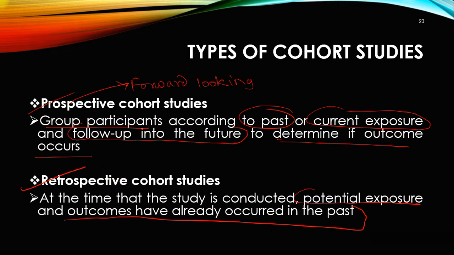In retrospective, everything has happened. We know for how long the population has been exposed, and we know what the outcome of the exposure is. So we have all that data in our hand and we are looking back to find out the relationship between the exposure and the outcome. But in a prospective cohort study, we have only the data of exposure and we are looking forward to the outcome of that exposure. Please understand the difference between the two.